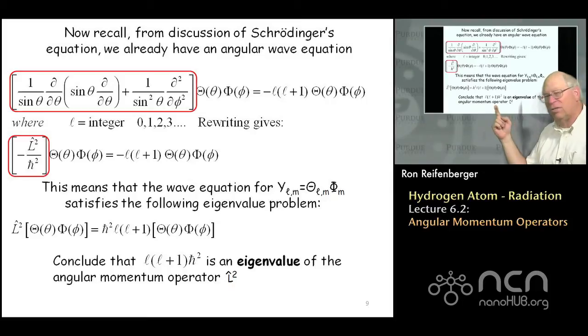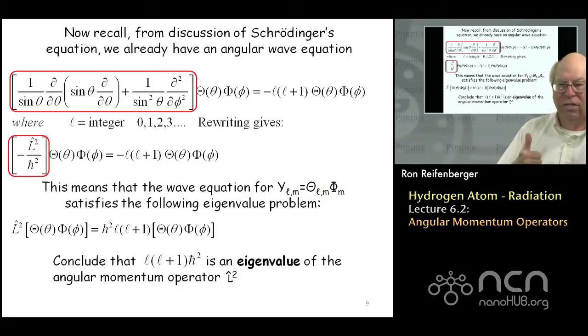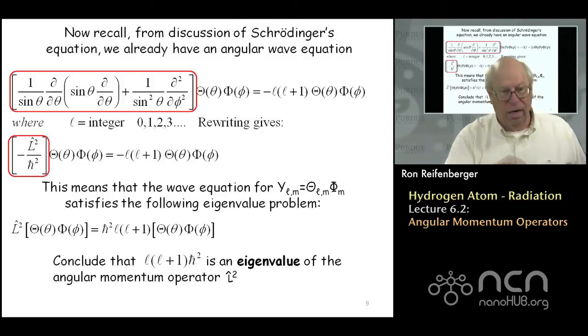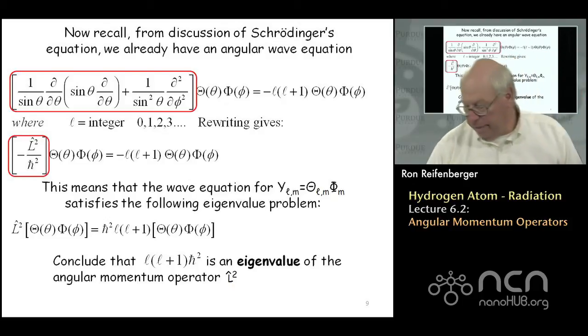And this allows us to conclude that this quantity, script L times L plus 1 times h bar squared, is an eigenvalue of the square of the angular momentum operator. So this finally gives us some physical significance, mathematically well established, for this parameter script L that was introduced last week.